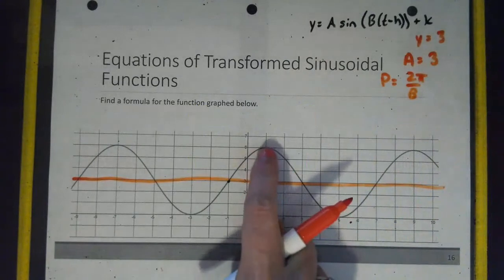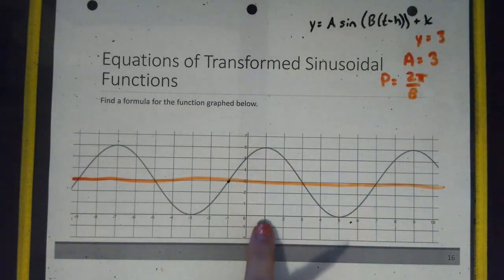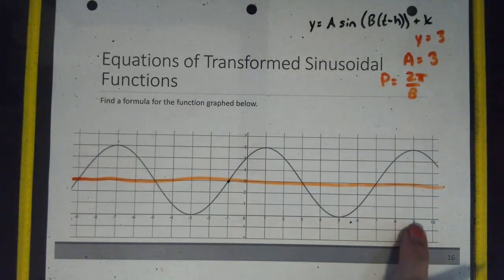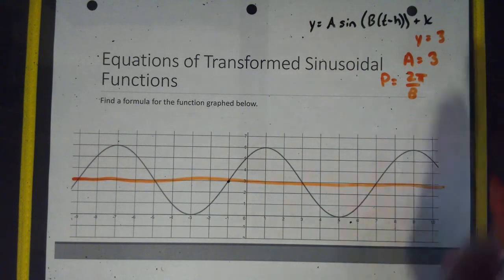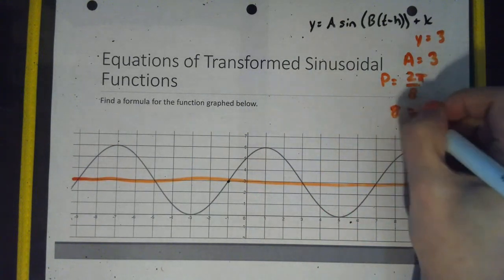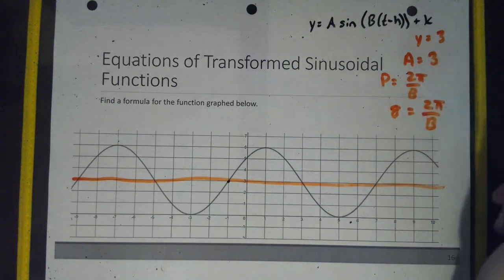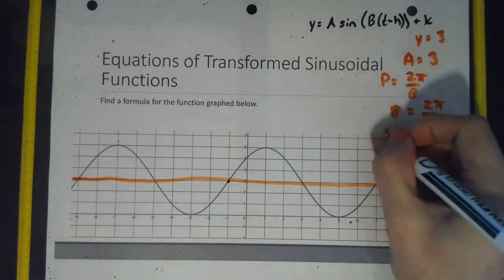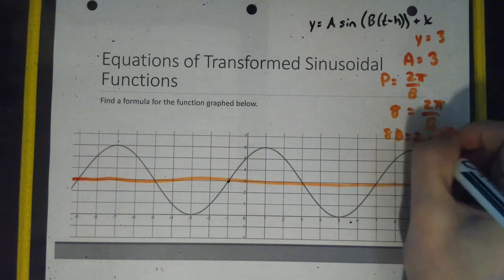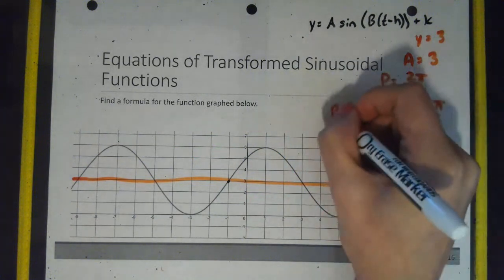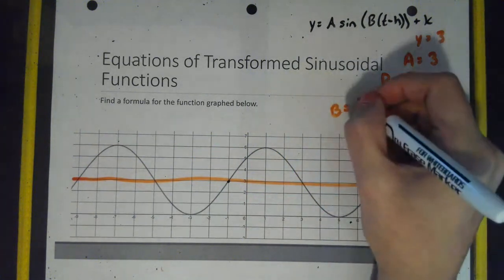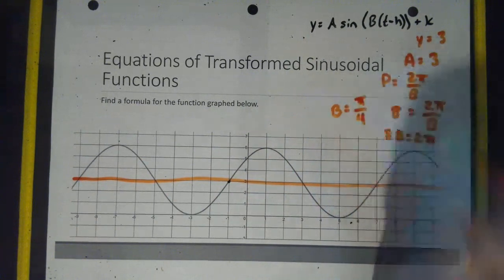And it looks like we're repeating from 1 until 9, so that's 8 units apart. Our period is 8. So 8 is equal to 2 pi over b. Multiply both sides by b, we get 8b equals 2 pi. Divide by 8, and we get b is equal to 2 pi over 8, which reduces to pi over 4.